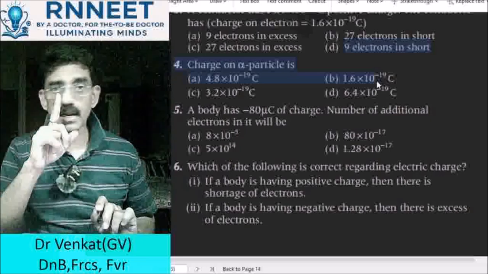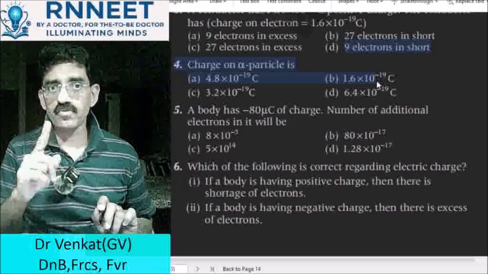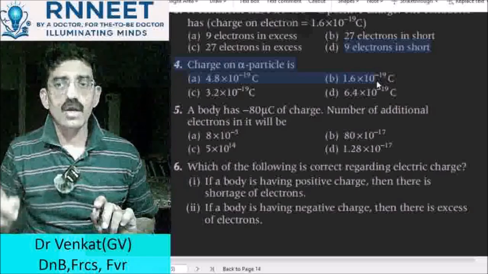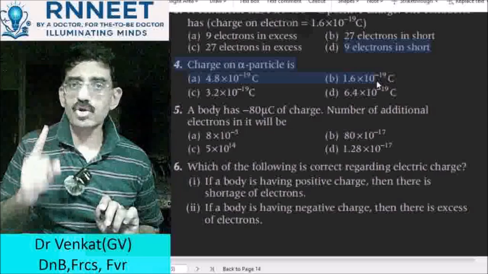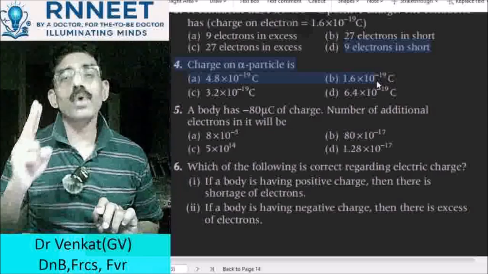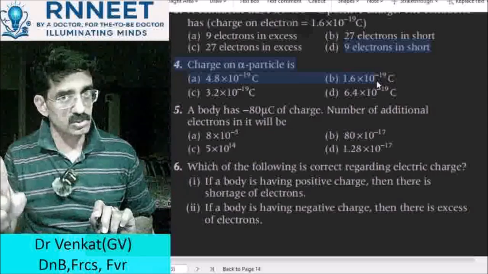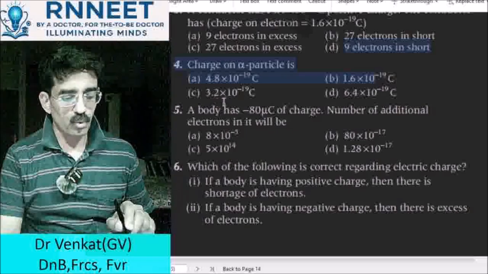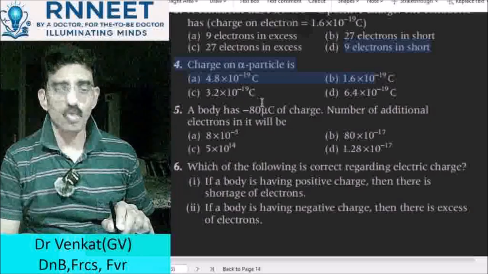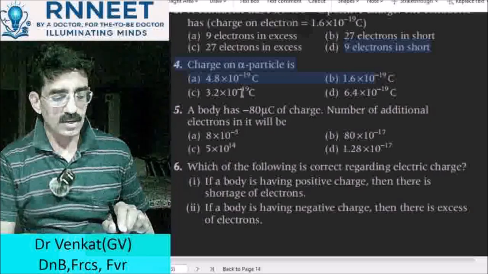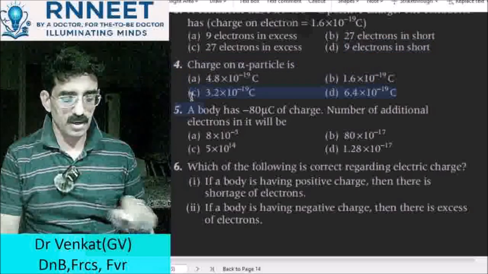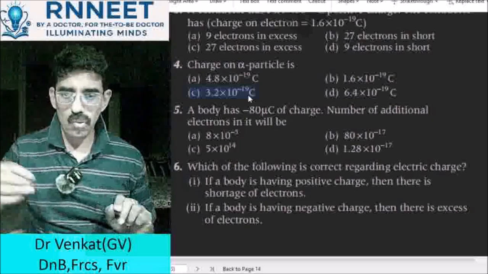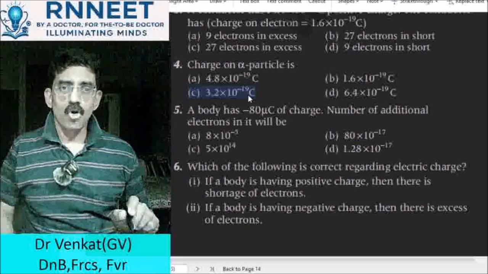The charge of an electron or a proton, both of them, you know, is 1.6 into 10 to the power minus 19. An alpha particle has a charge of plus 2 protons. So 2 protons have a charge of 3.2 into 10 to the power minus 19 coulomb. It has to be positive. So the answer is 3.2 into 10 to the power minus 19.